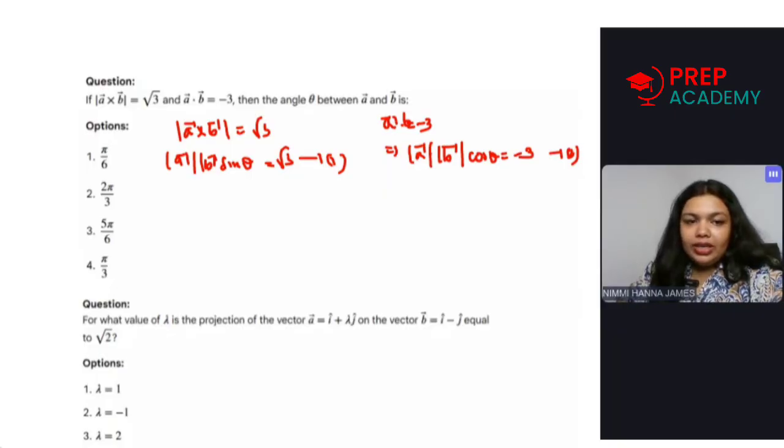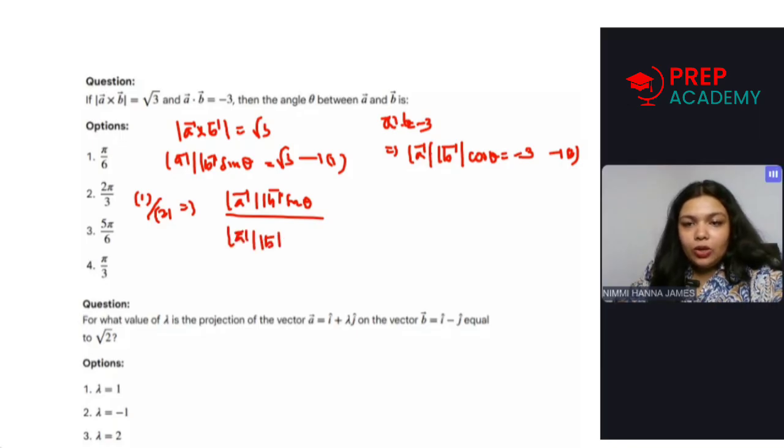I am dividing equations 1 and 2. 1 divided by 2 gives mod A mod B sin theta by mod A mod B cos theta, which equals root 3 by minus 3. Cancelling, root 3 and 3 get cancelled, and in the denominator we have minus root 3.